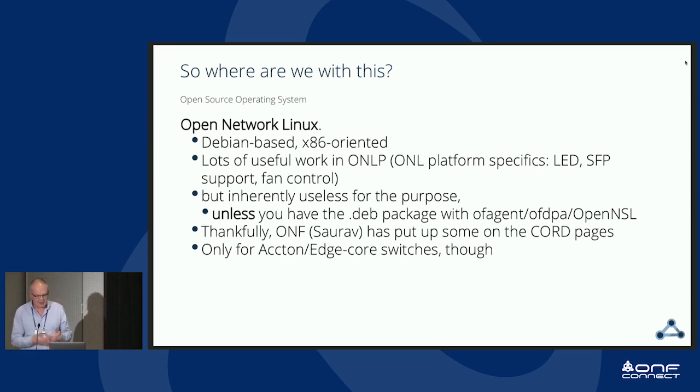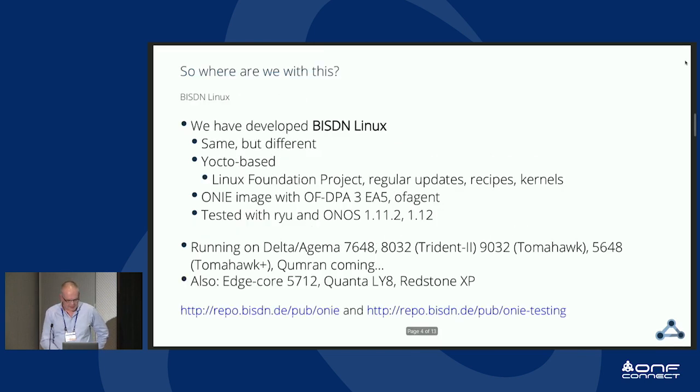Unless you have those Debian packages that do the OF agent, OFDPA, OpenNSL, ONF put some of those for Edgecore switches up onto the Trellis website, but only for very few switches. And apart from that, you're still on your own, or you have to go for commercial operating systems.